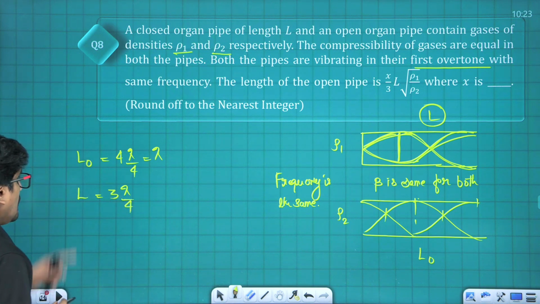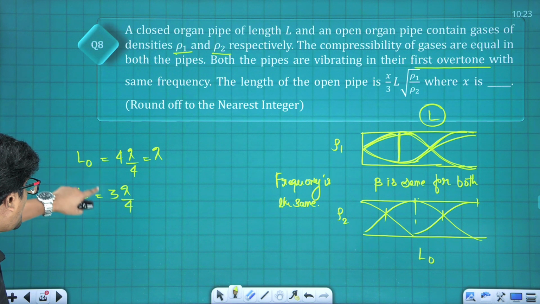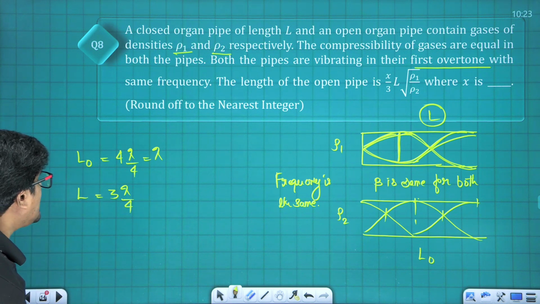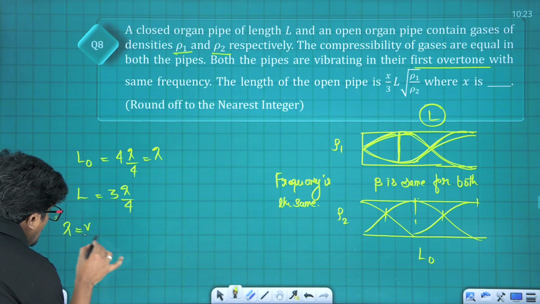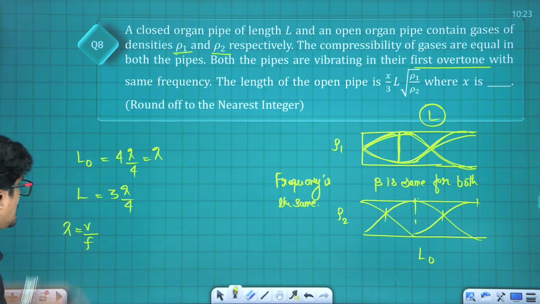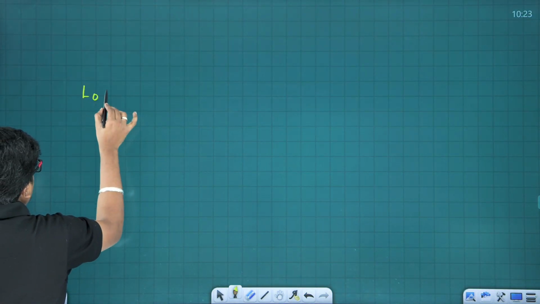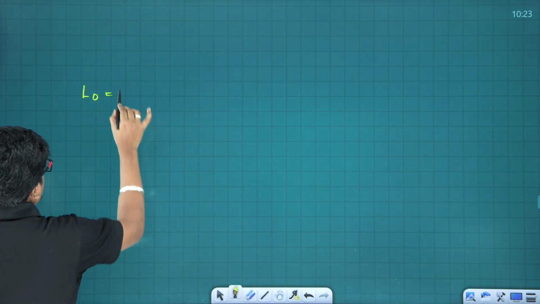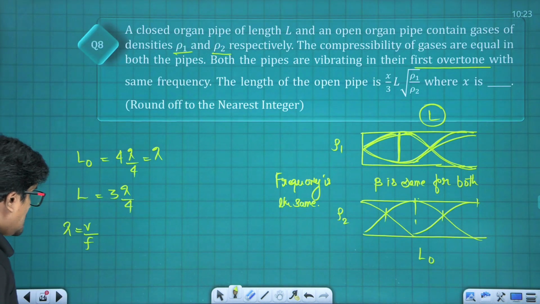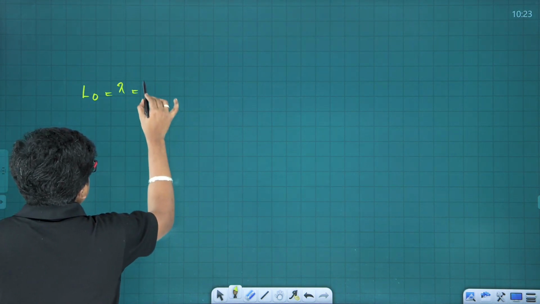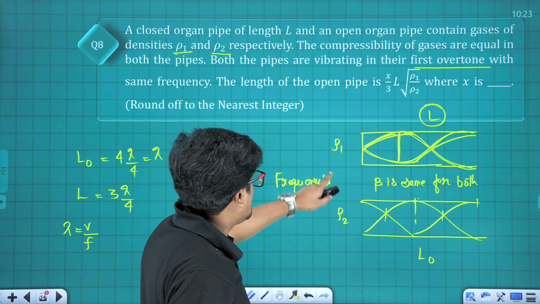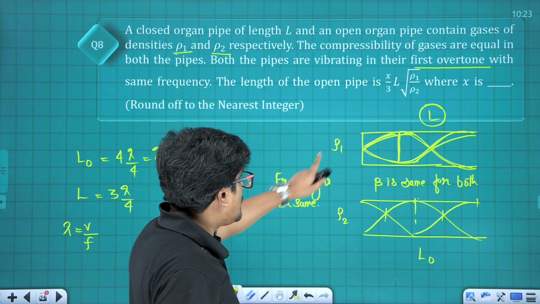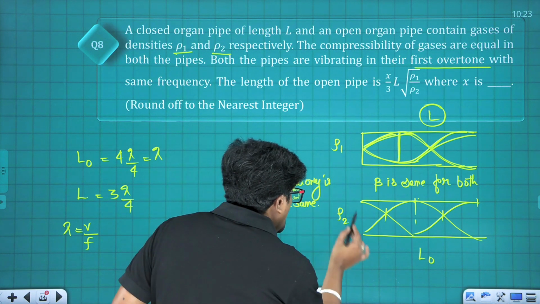Here this is for open pipe and here this is for the closed pipe. Alright, frequency is same for both. So we know that lambda is going to be V divided by F. So let me substitute that here now. For the open pipe, LO is equal to lambda, which is V by F. For the open pipe the density was rho 2.